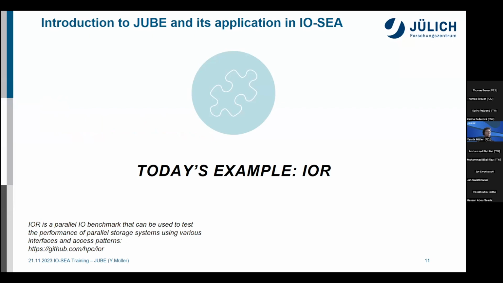Okay, so enough of introduction. Let's actually start with some basic features. If you have seen previous JUBE talks, this is still quite similar. We will go through a complete example of IOR. So we will build the whole JUBE script up to a realistic stage, and bit by bit add the pieces that you need.